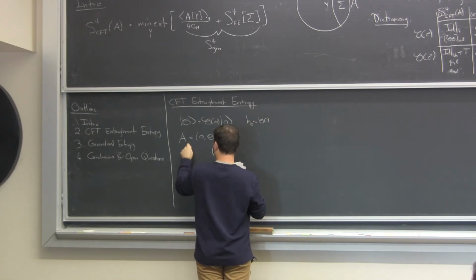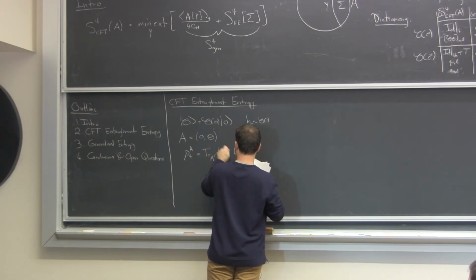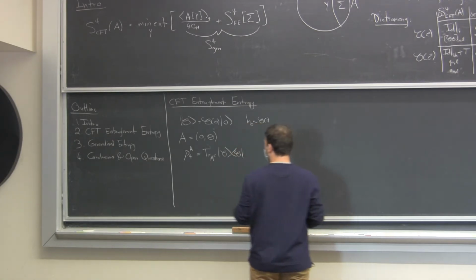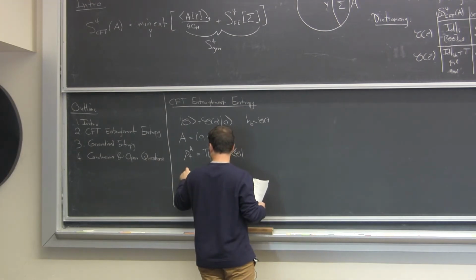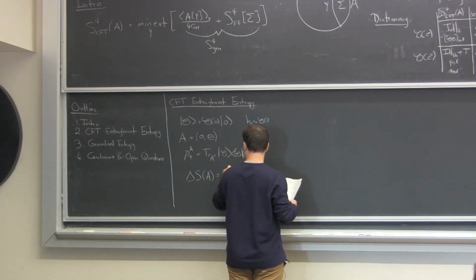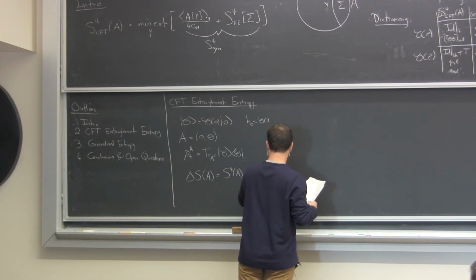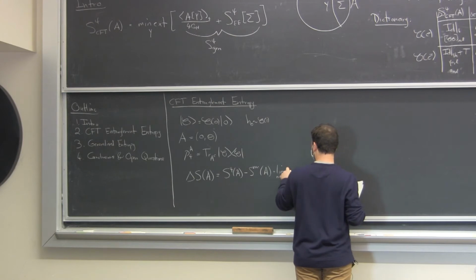So here's my reduced density matrix on A in the excited state. And we're going to use the replica trick to compute the von Neumann entropy. So we're going to compute delta S of A, and this will be the limit as n goes to 1 of the vacuum subtracted Renyi entropy.